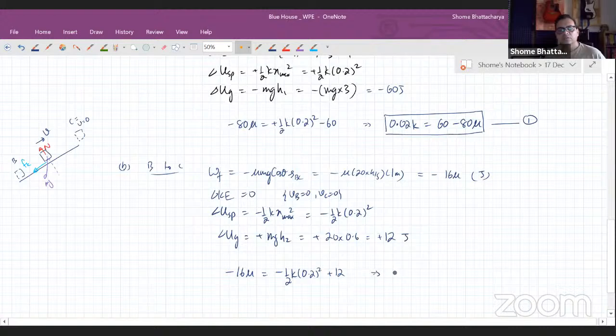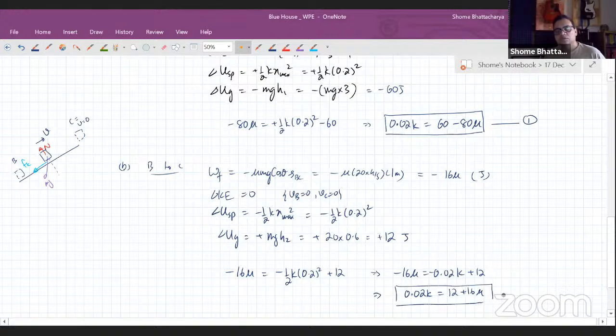So we have the relation minus 16 mu is equal to minus 0.02 K plus 12. Again, we have 0.02 K is equal to 12 plus 16 mu this time. This is our second equation.